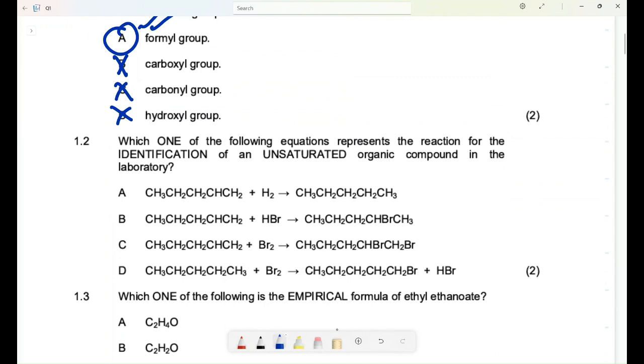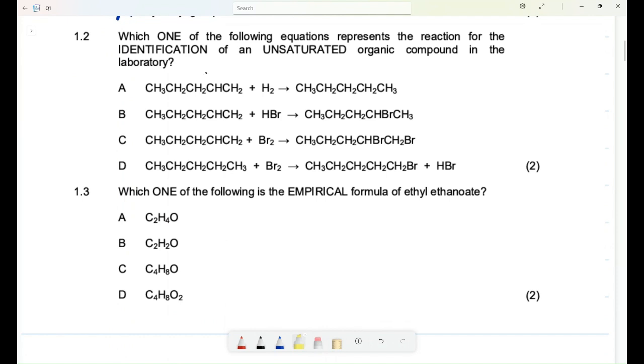1.2 says, which one of the following equations represents the reaction for the identification of an unsaturated organic compound?